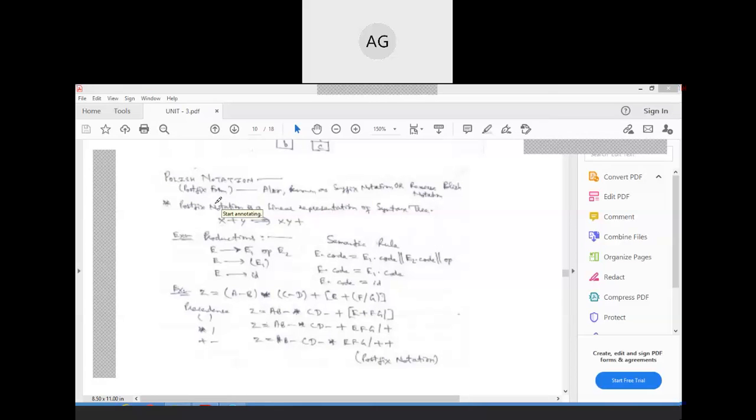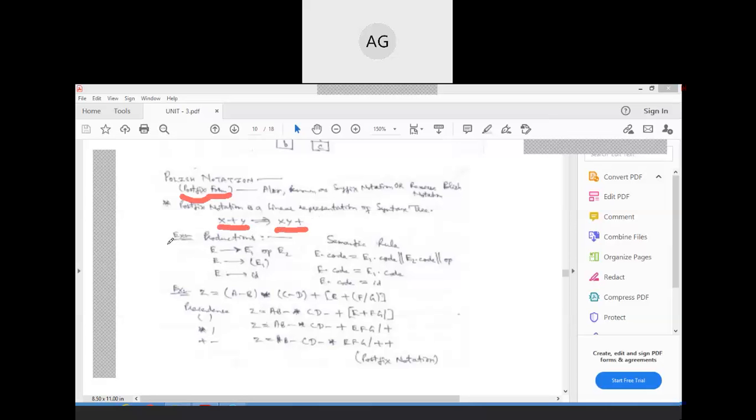We are going to take the reverse Polish notation because a postfix expression is what is evaluated in the compiler. Postfix notation is a linearized representation of a syntax tree. As an example, if the input expression is x plus y, then in postfix form it is x y plus.